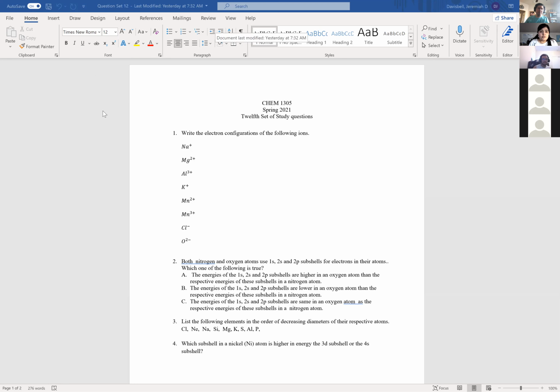So 13 minus 3 is 10. So which element has an atomic number of 10? Neon. Neon, right? And that's a noble gas. So then when you're asked for the electron configuration of the aluminum 3+ ion, you can think of it as writing the electron configuration for neon. And that way you can double check your answer. Oh, okay. Thank you.